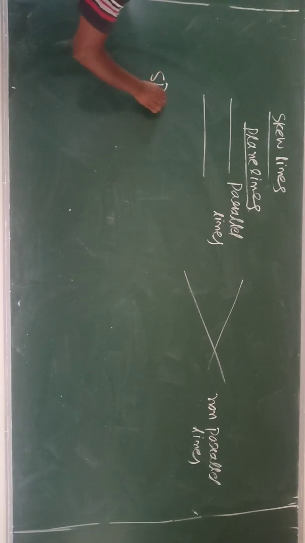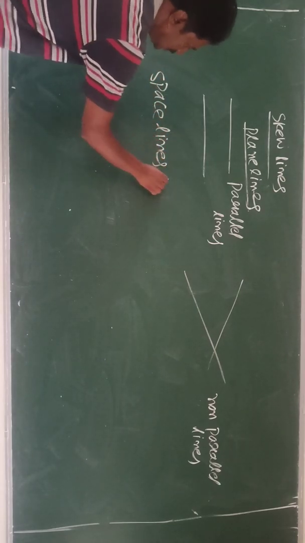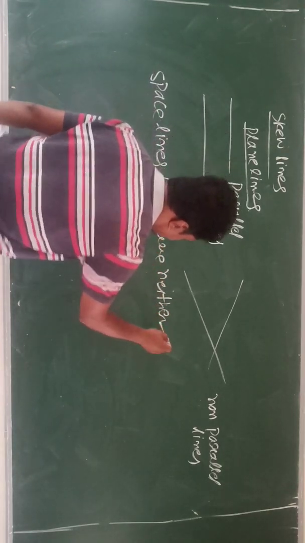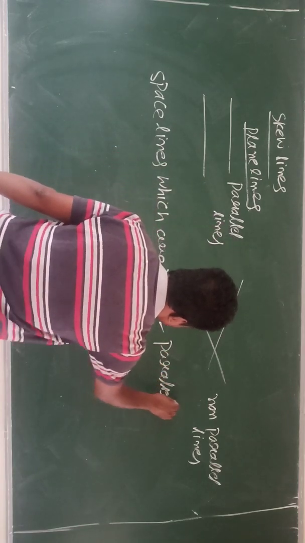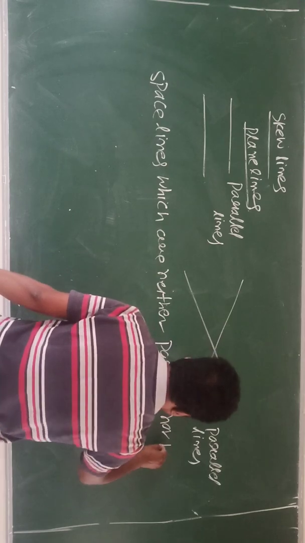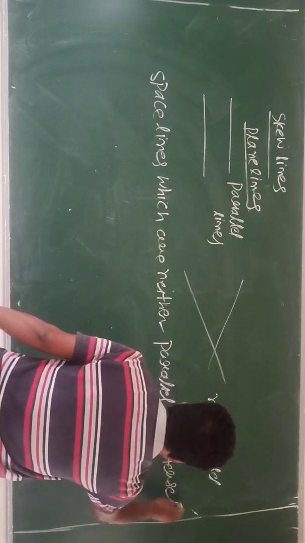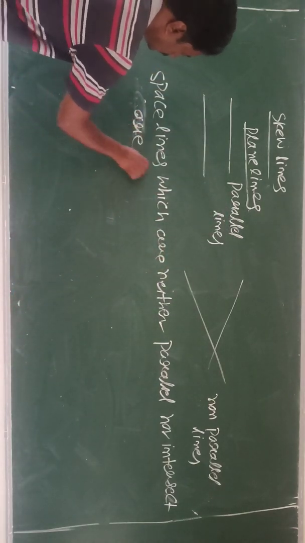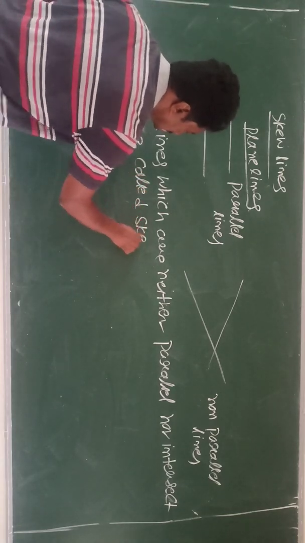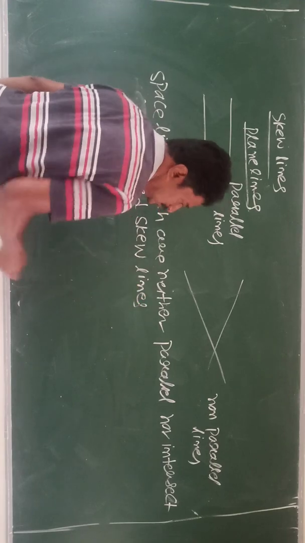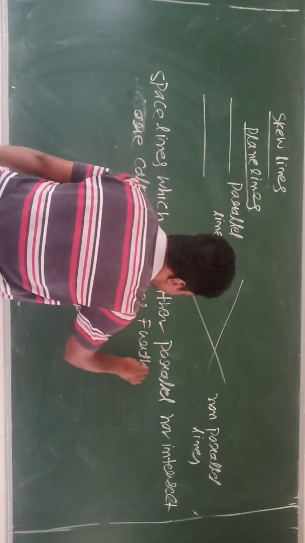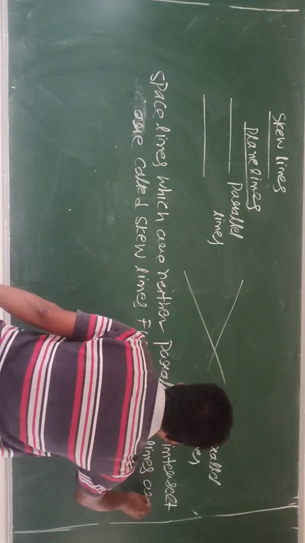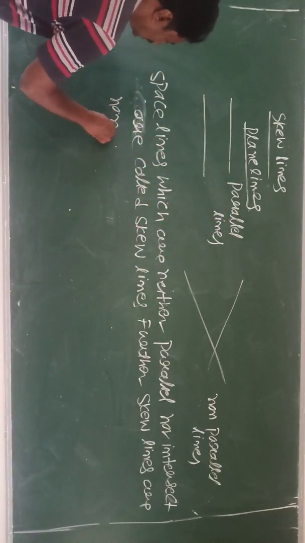Space lines which are neither parallel nor intersect are called skew lines. Further, skew lines are non-coplanar.